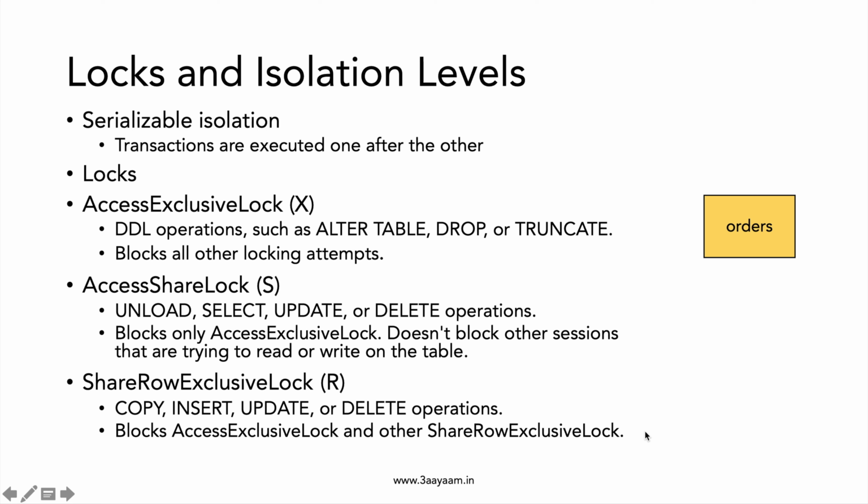Now why is it a share row exclusive lock, or row lock? Because, again, as I said, I have taken a lock on a single row. So if I run an update statement on another order ID, then I should not have any problem. But if I run an update statement on the same order ID, which is on the same row, I will be blocked, so I'll be in a wait state.